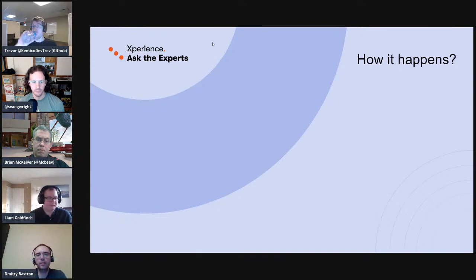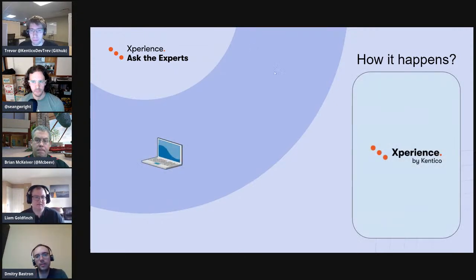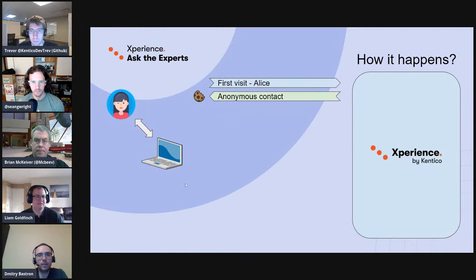Yeah. Okay. So let's try and trace how it happens. Imagine that you are running a Kentico Experience website, and there is a shared computer, and Alice starts interacting with this computer. She first visits your website, and she is browsing, obviously, as an anonymous contact.